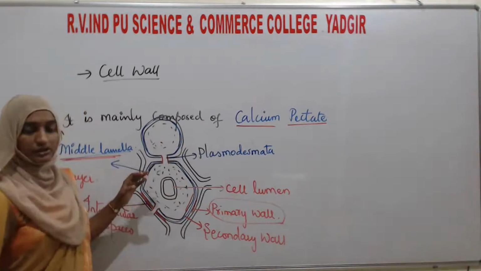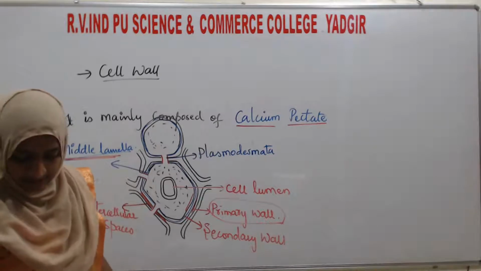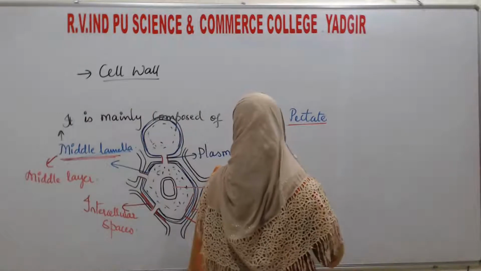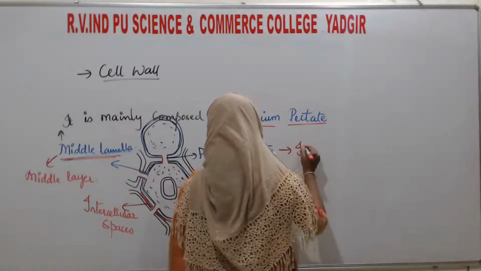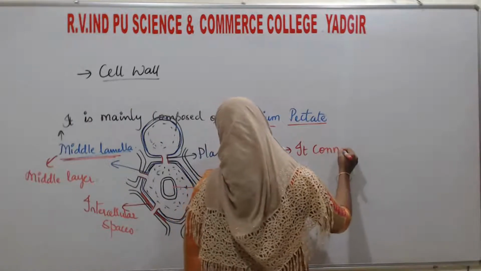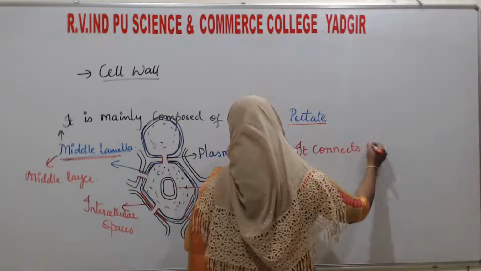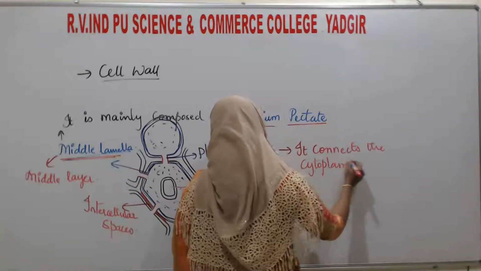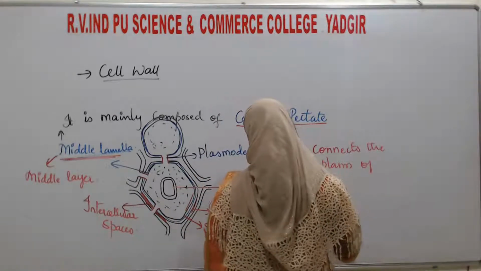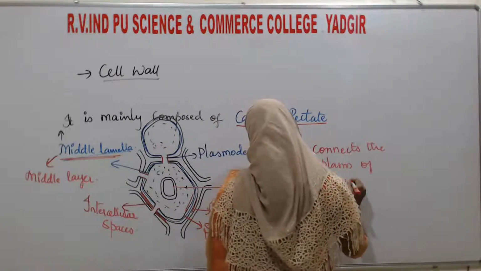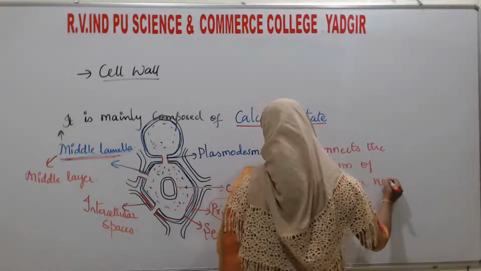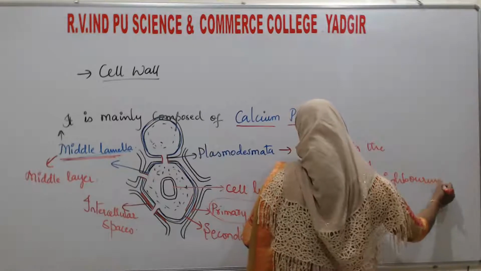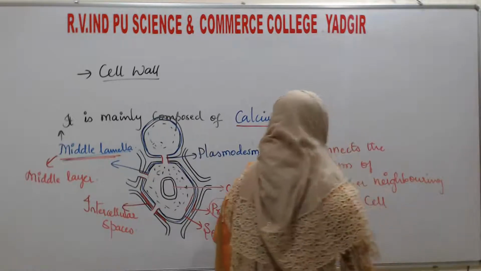That means the function of plasmodesmata is that it connects the cytoplasm of the neighboring cell.